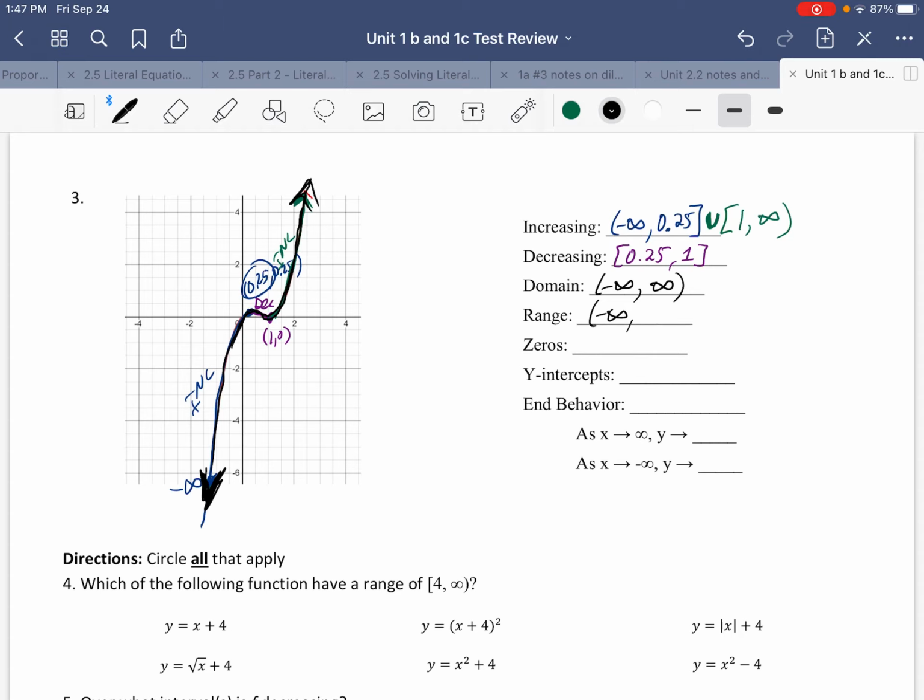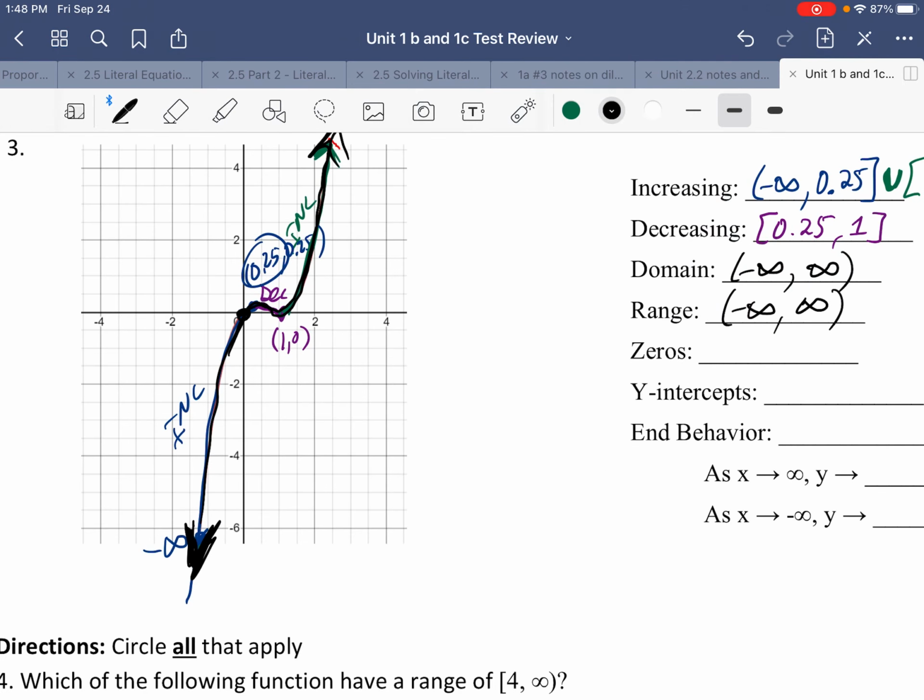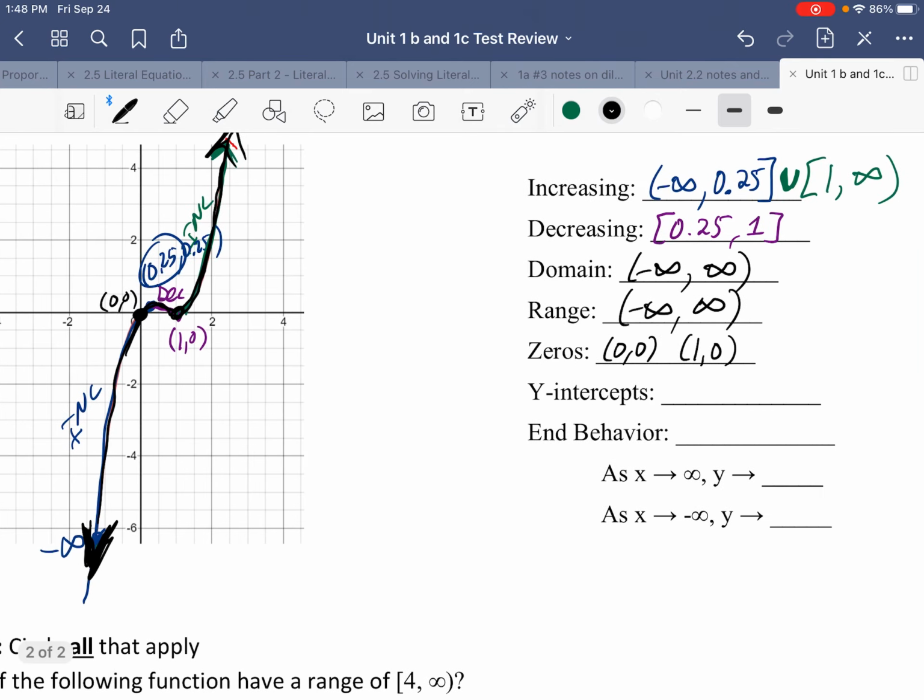It's going to dip for a little bit, but it'll go back up to positive infinity. Zeros: where's it cross the x-axis? That's going to cross at 0 and 1. So (0, 0) and (1, 0). You could just write 0 and 1 also. Y-intercept is at 0 or just (0, 0).